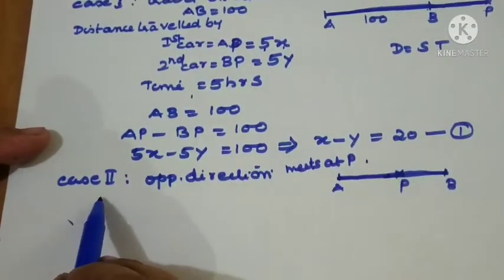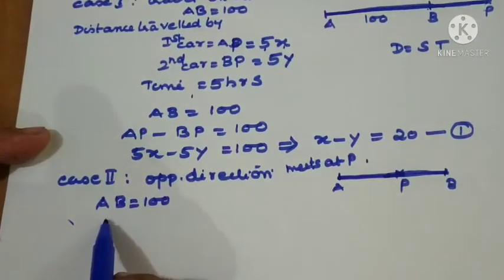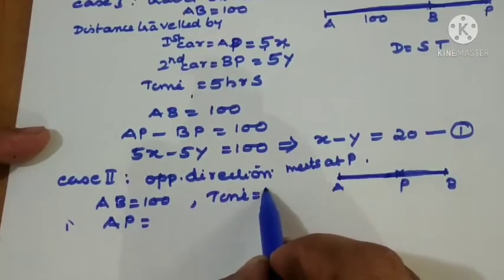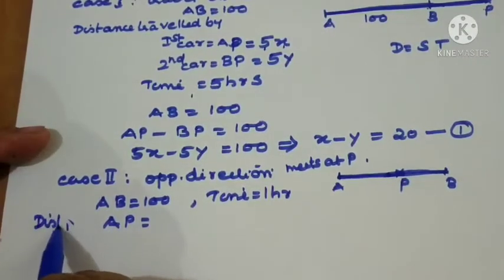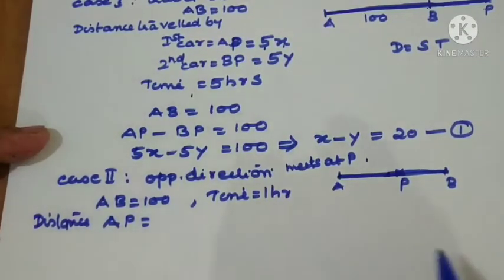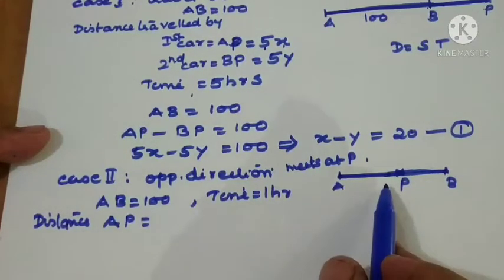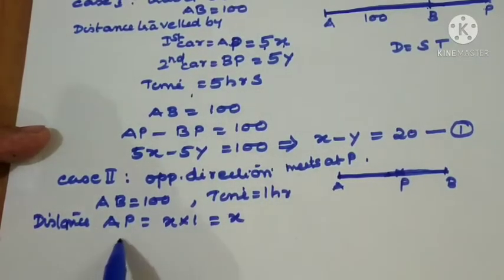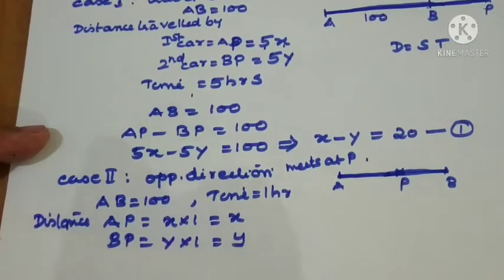So what is AB? AB equal to 100. Time equal to 1 hour. So distance AP, already we have explained in the last part, equals speed into time. That is speed x kilometer into 1, therefore x only. Similarly BP equal to y into 1, that is equal to y.